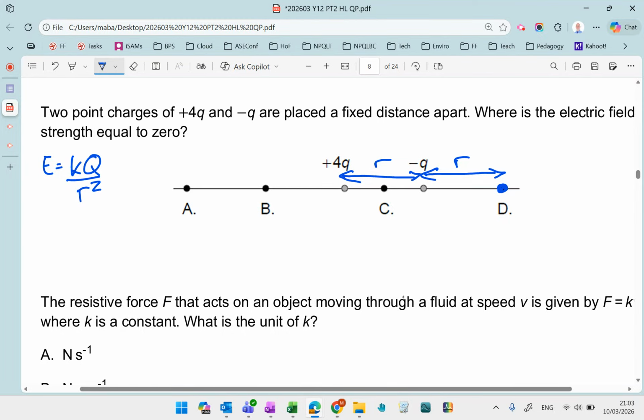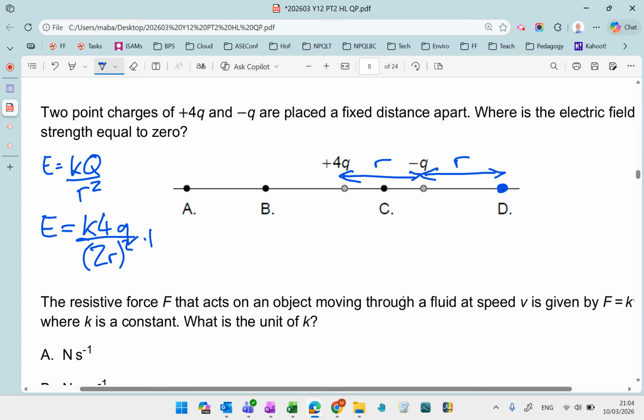All right, let's work it out then, right? So we've got the E from the plus 4Q charge, so that's k4Q over (2r) all squared.